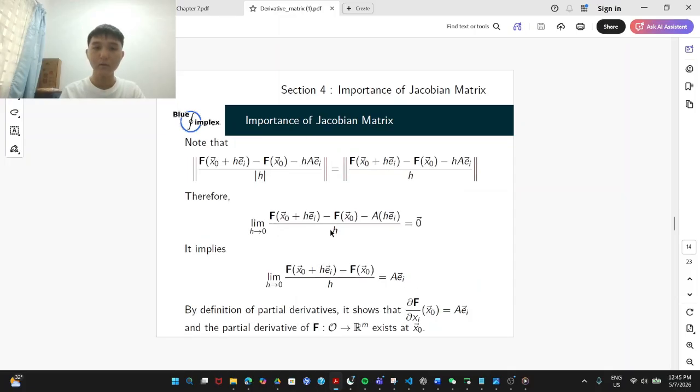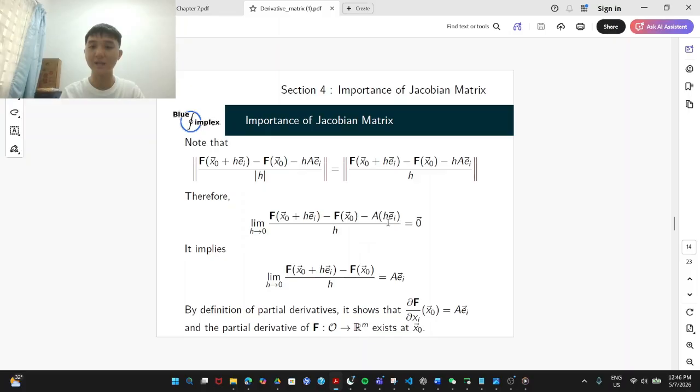Note that this part is equal to this part because the norm of h is equal to the absolute value of h. Therefore, I can prove this one by using the definition of the limit. So I divide A times h times the unit vector by h, and then I obtain this one.